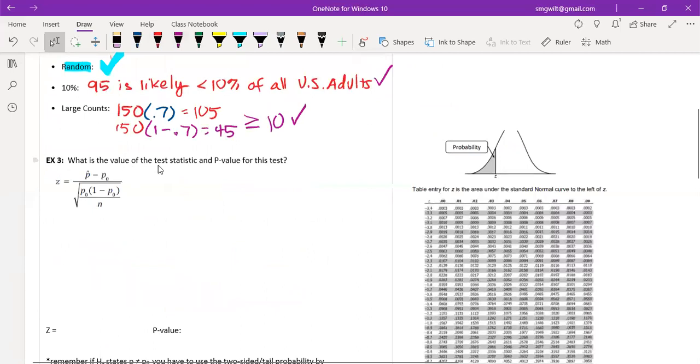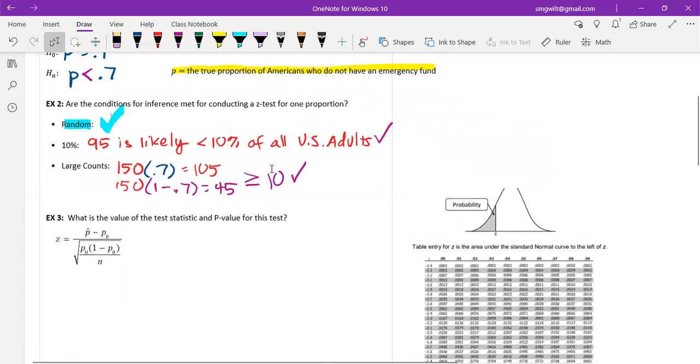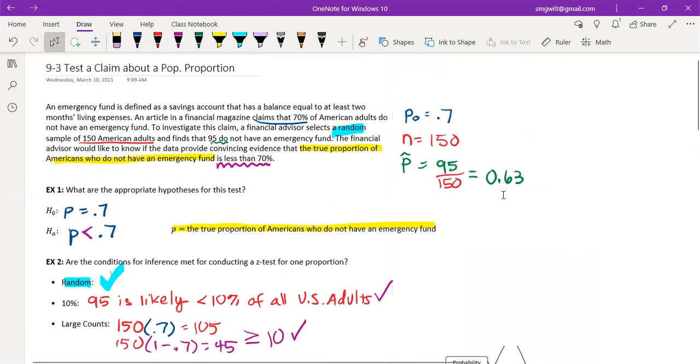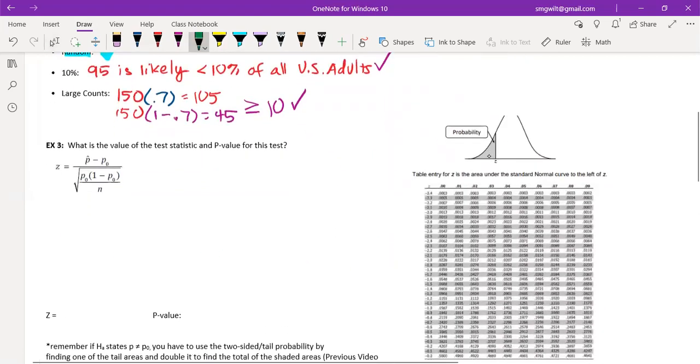So what is the value of the test statistic and the p-value for this test? For this, we're going to plug in p hat, p naught, and n into the z equation. And then we're going to have to use the z table, which they will link to in the question, to find the value for the p-value. So remember that our p hat was 0.63.